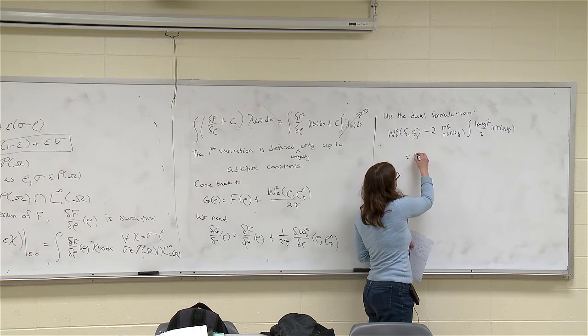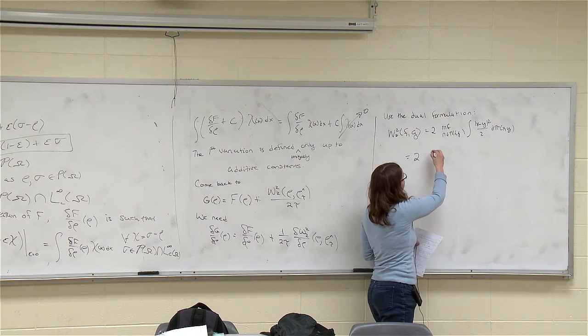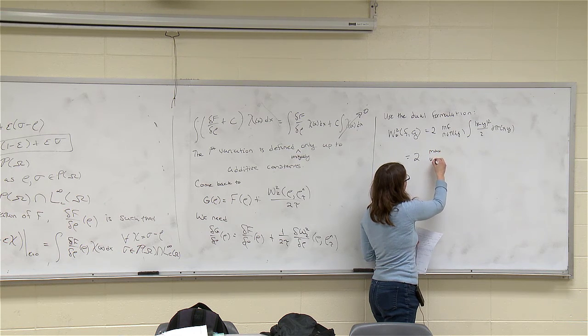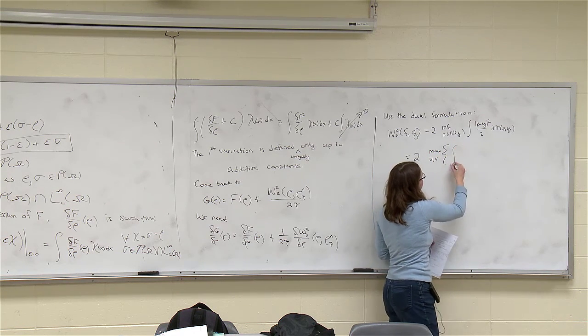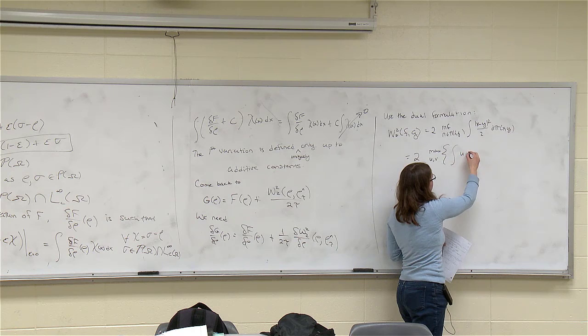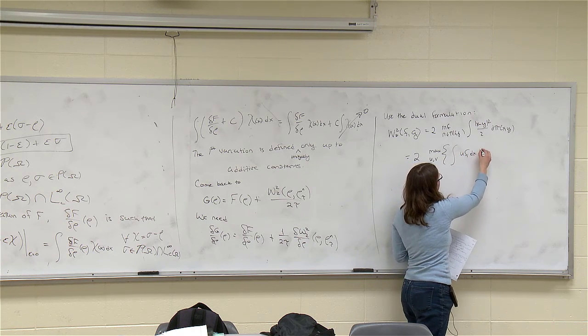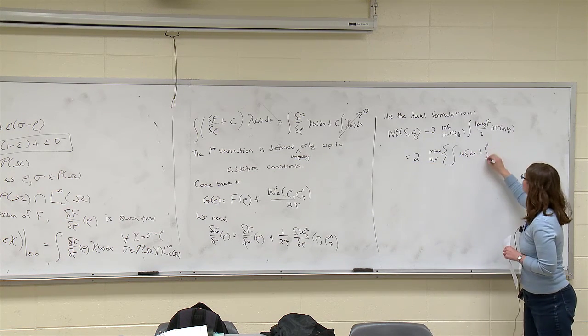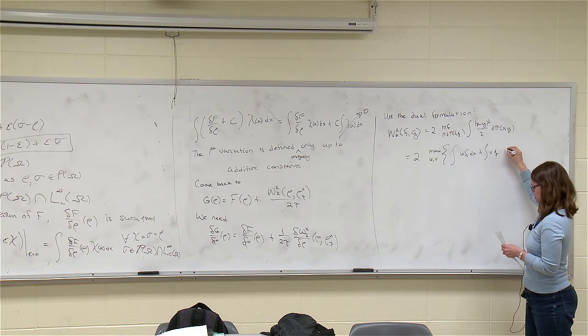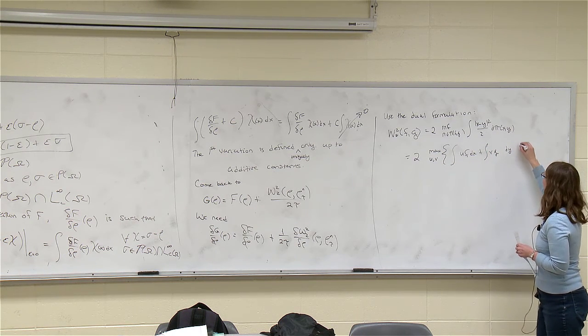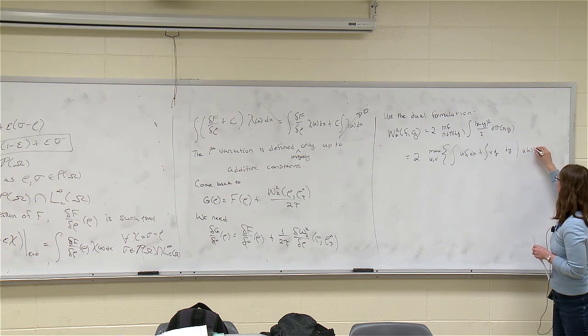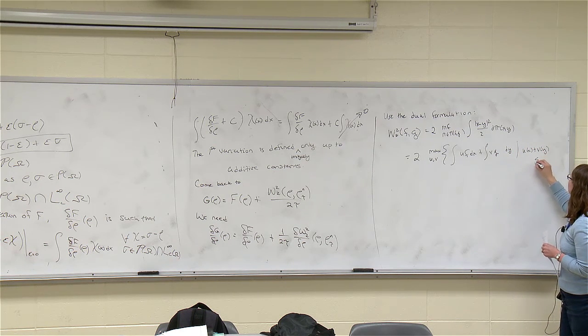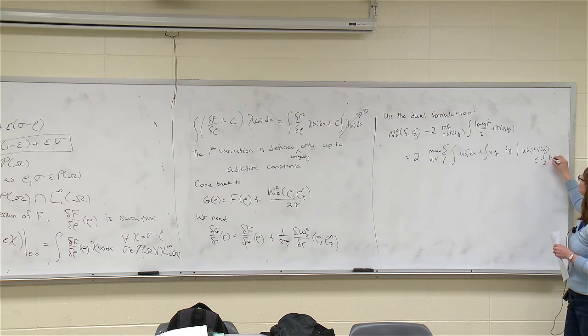And this, we said in the dual formulation, is 2 times the maximum over all u and v of the integral of u times f plus the integral of v times g, subject to u of x plus v of y being less than the cost.